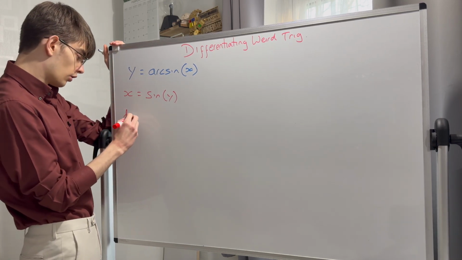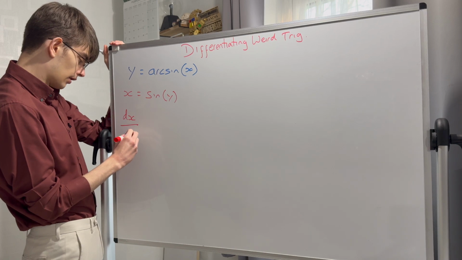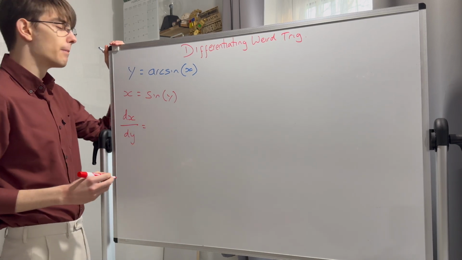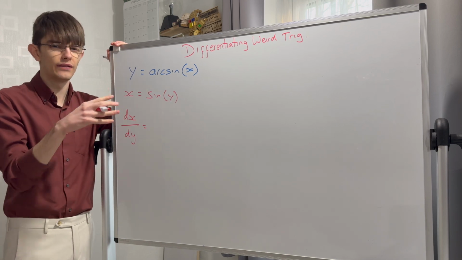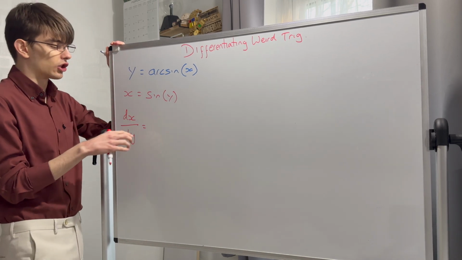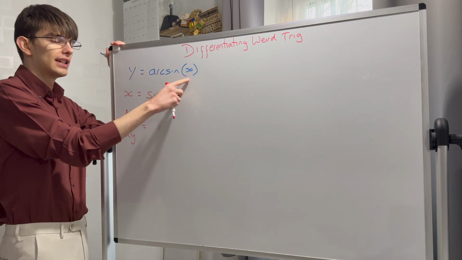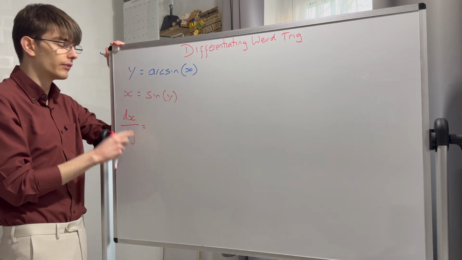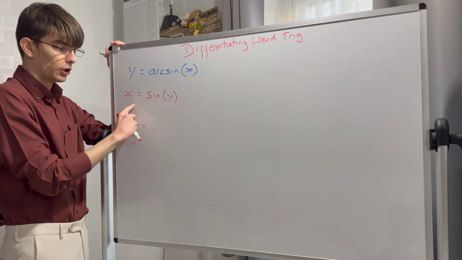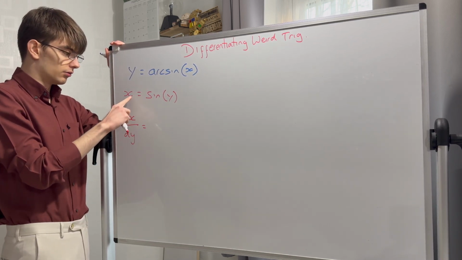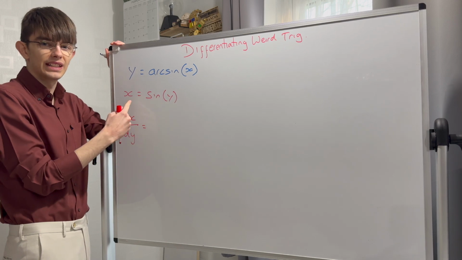Now, I'm going to find dx by dy. And we haven't actually done this. I've never done this in a video, which is instead of finding dy by dx, I'm going to find dx by dy. Because if you think about it, my x and my y have kind of switched places. It used to be y equals something, now it's x equals something.